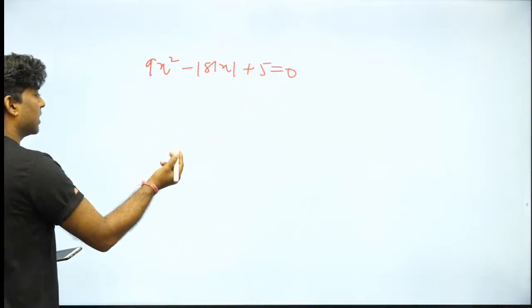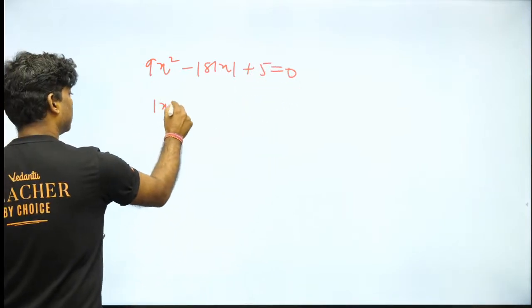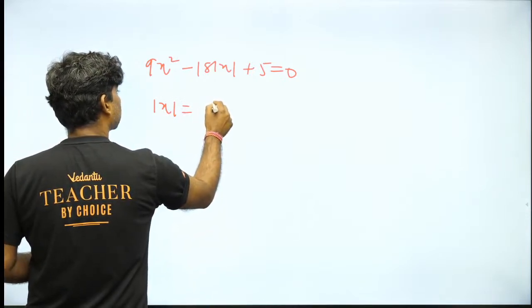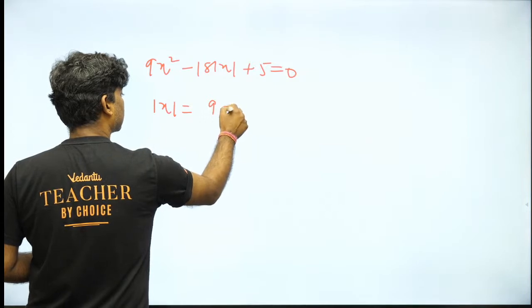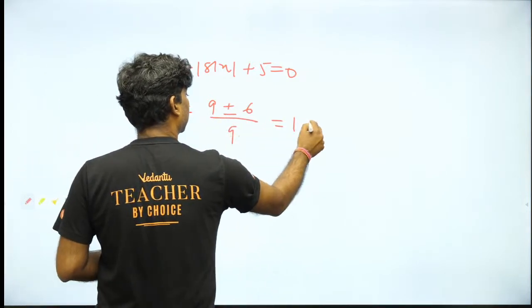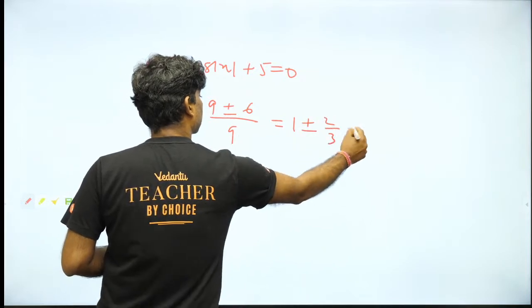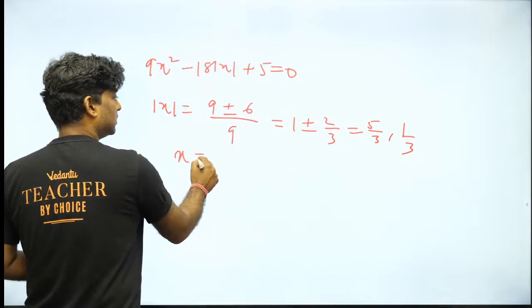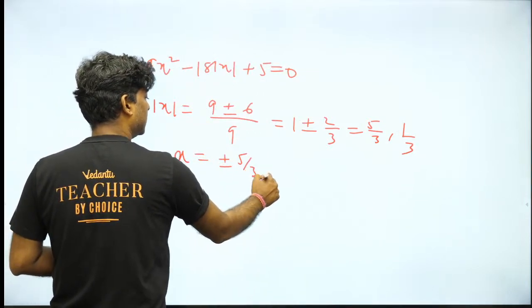It was a very simple problem. 9x square minus 18 mod x, what to solve in this. x square can be written as mod x square. So mod x you'll get two values, and it comes as I think 9. Simple quadratic you can solve. Plus minus 6 upon 9.